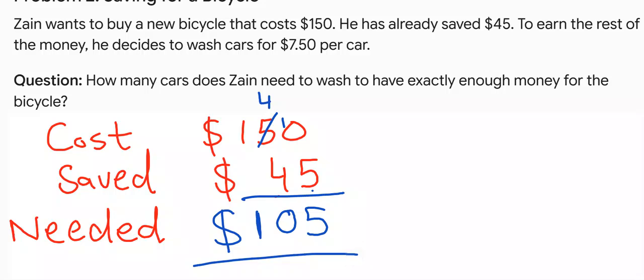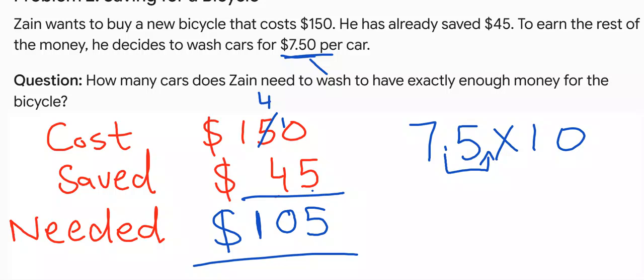So he decided to wash cars for $7.5 per car. He will get $7.5 for washing each car. Let's see how many cars he has to wash to make up his $105. If we do 7.5 times 10, the decimal moves and it becomes 75 only.